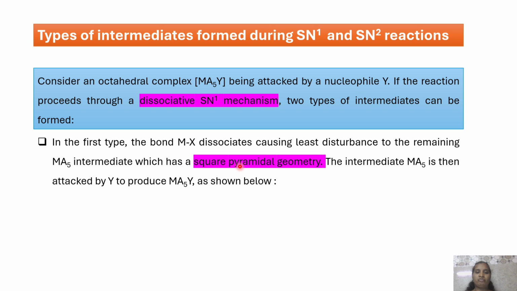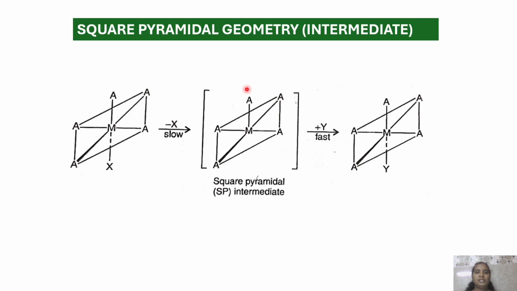Later, with the attack of Y, it produces the respective octahedral complex. See, this is the square pyramidal intermediate formed with the loss of ligand X from the octahedral complex. Later, with the attack of ligand Y on the square pyramidal intermediate, it forms the octahedral structure.